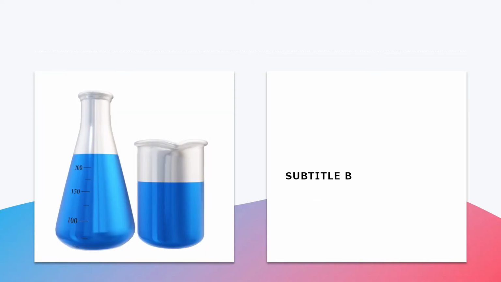Now, move on to the next one. That is basic salt. Let us see how basic salts are formed. Basic salt, the name itself shows it is basic in nature.